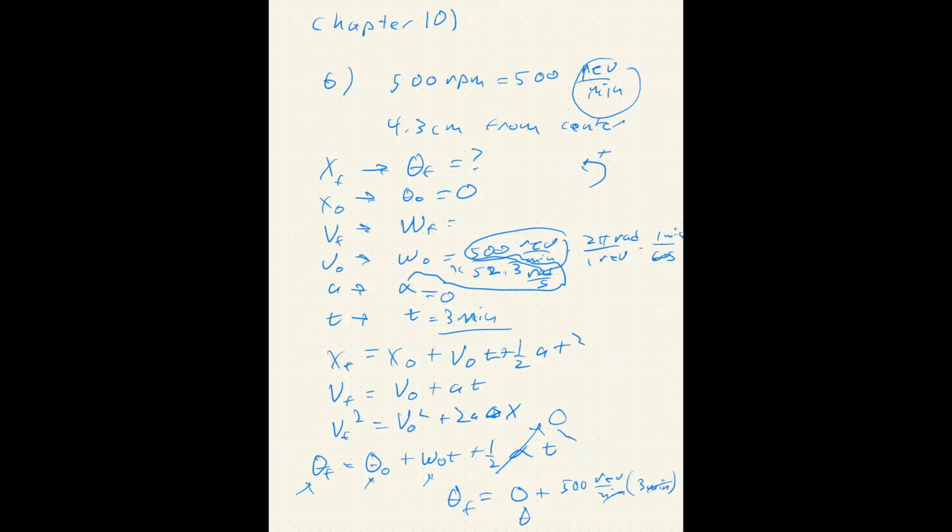So theta F is equal to 1500 revolutions. Now, if you didn't want to do that, we have to convert this to seconds. So I have 60 seconds for every minute, which is equal to 180 seconds.